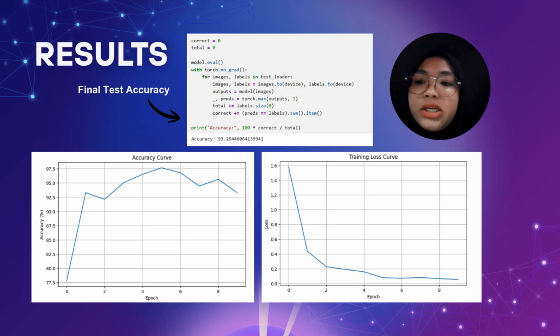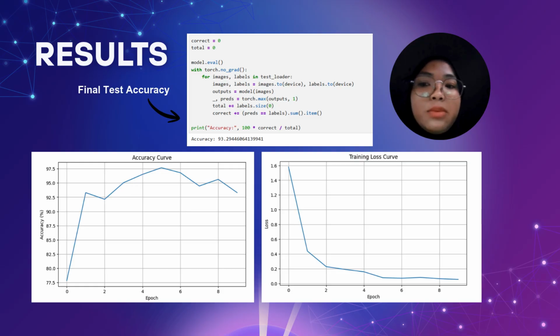From the results, it can be observed that the model improved significantly across epochs. The training accuracy increased steadily from around 77% in the first epoch to above 93% in the final epoch. This indicates that the model is learning useful facial features over time.